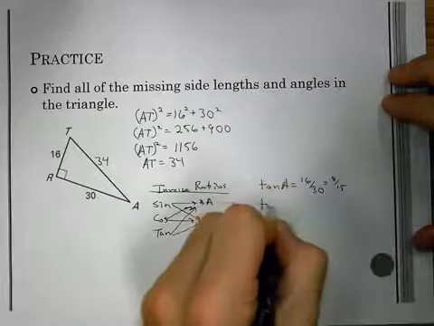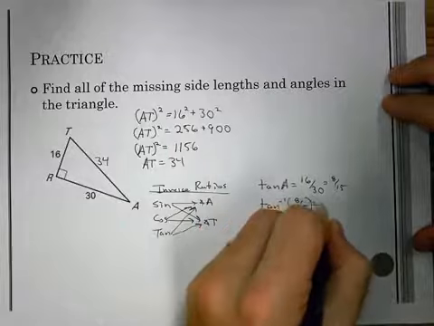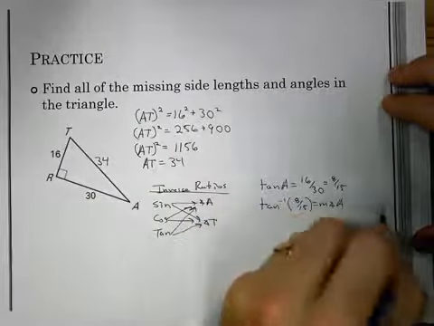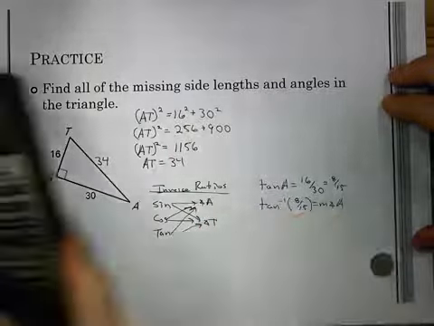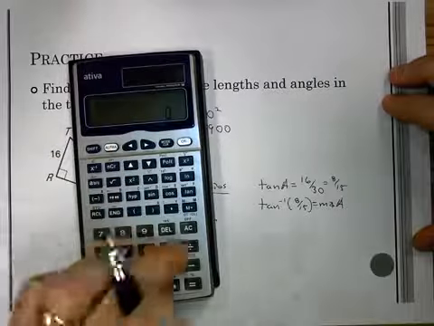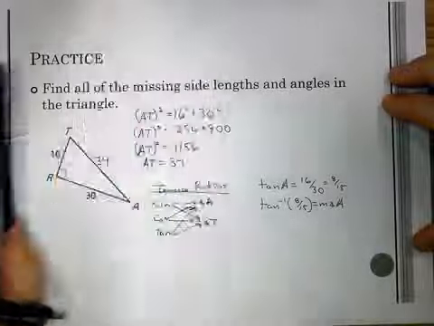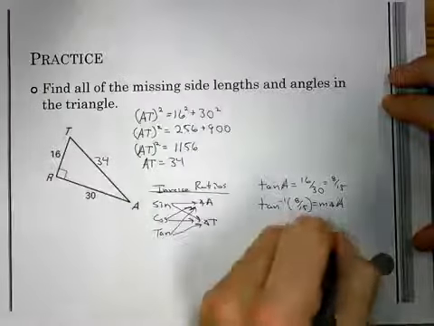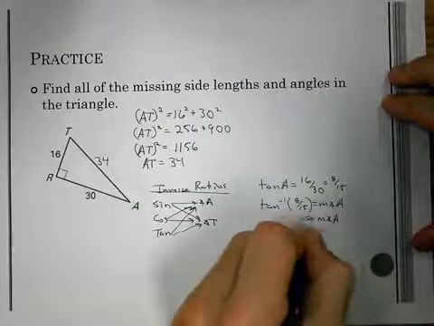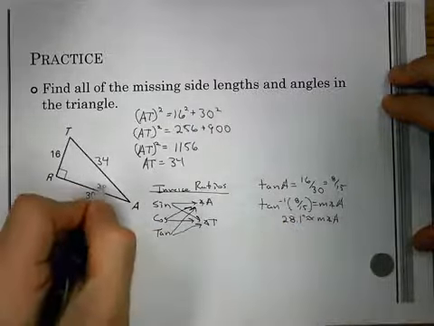And tangent inverse of 8 over 15. And 16 over 30 would also give us the same value in the end here. But tangent inverse of 8 over 15 comes out to be about 28.1. So that's angle A. It's about 28.1.